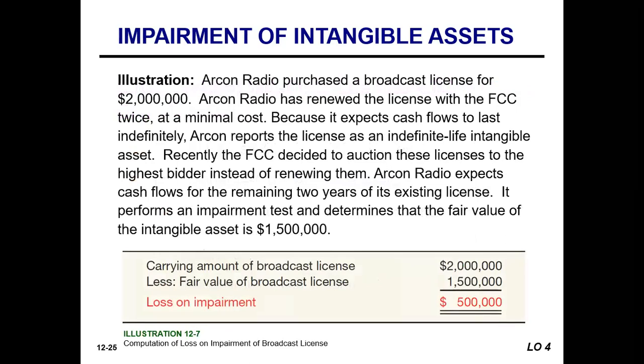In this example, we purchased this broadcast license for $2 million. And because of changes in the way the FCC handles these licenses, we have calculated that now the fair value of the license is 1.5 million. So we had a carrying amount on the license of 2 million. Fair value now is only 1.5. So again, we've got that loss on impairment of 500,000 here.